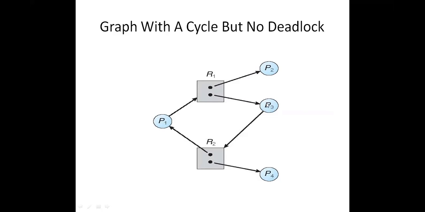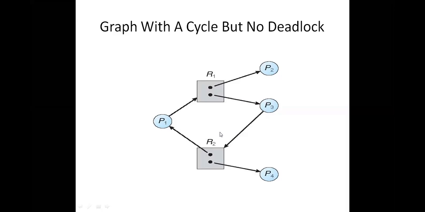So P3 is a waiting process, but P2 is not a waiting process. Why is P3 called a waiting process? Because R1 is held by P3 and it is waiting for R2. Whereas P1 is requesting R1 and already has R2. That means these two processes are holding a resource and waiting for another resource.